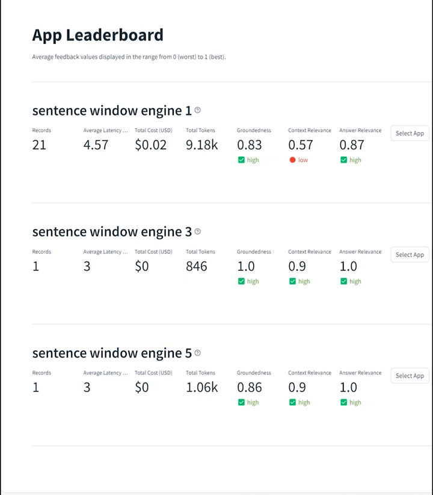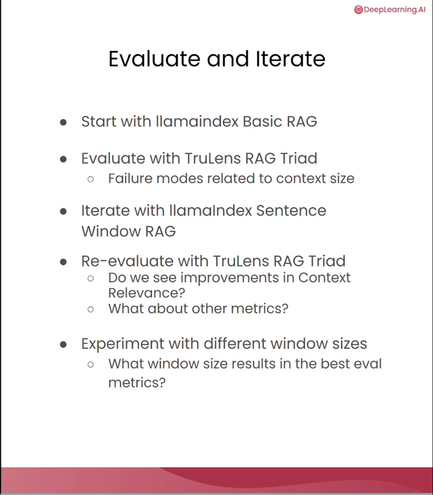And in the next section, we will look at another advanced RAG technique, auto merging, to address some of those failure modes. Irrelevant context can creep into the final response, resulting in not such great scores in groundedness or answer relevance.